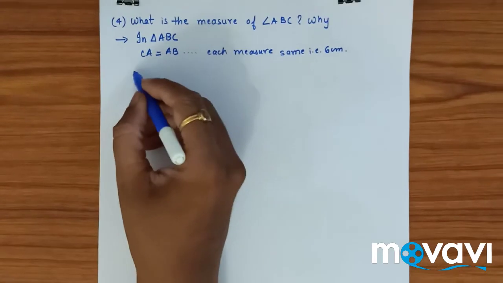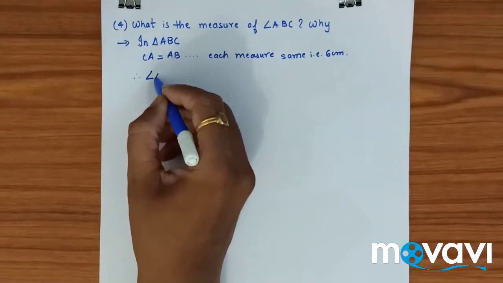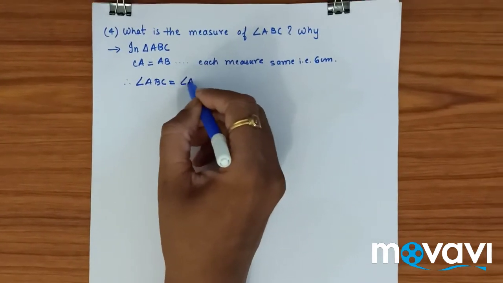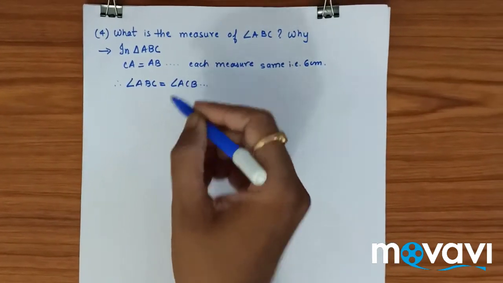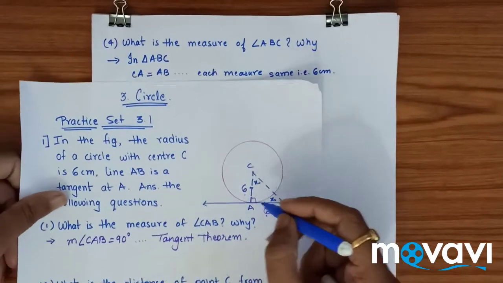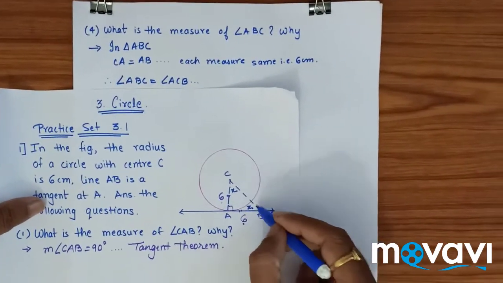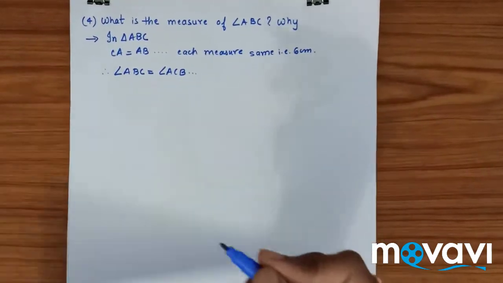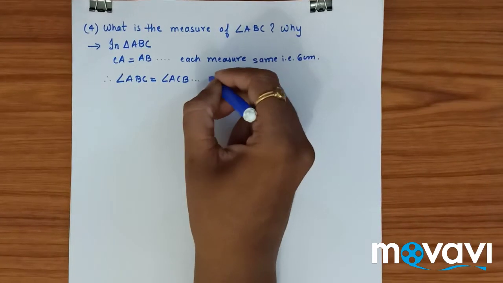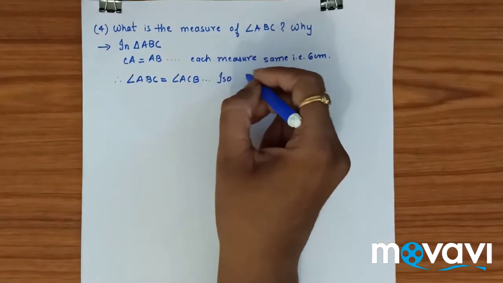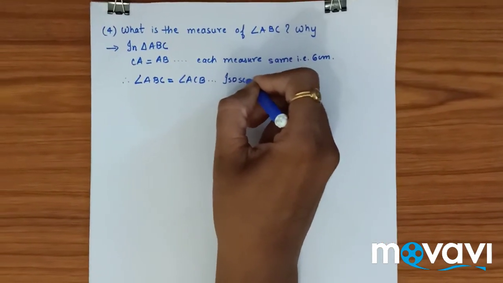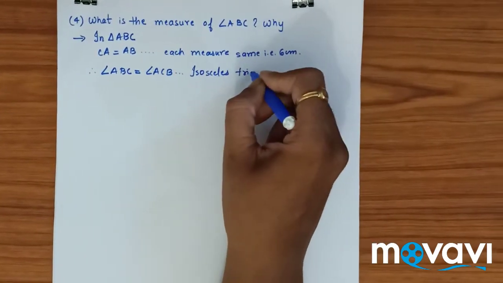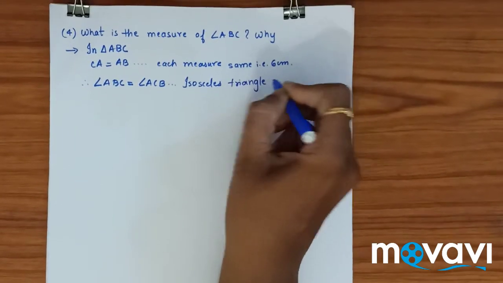Now therefore angle ABC is equal to angle ACB. Angle ABC is equal to angle ACB. Why? Because of isosceles triangle theorem.